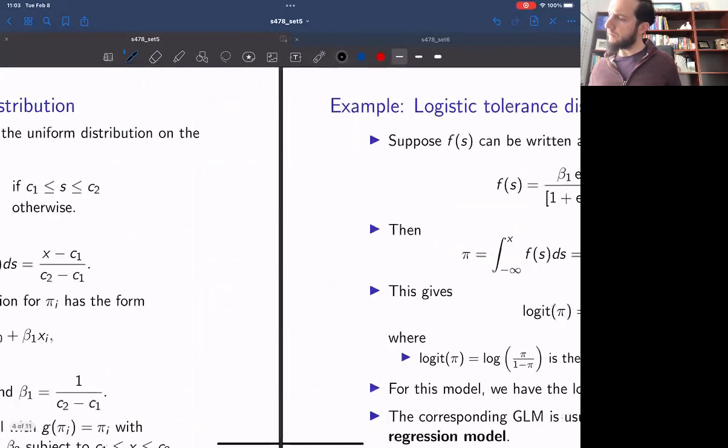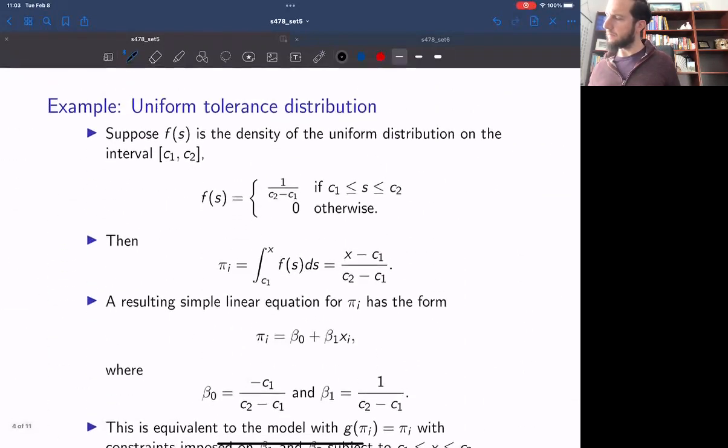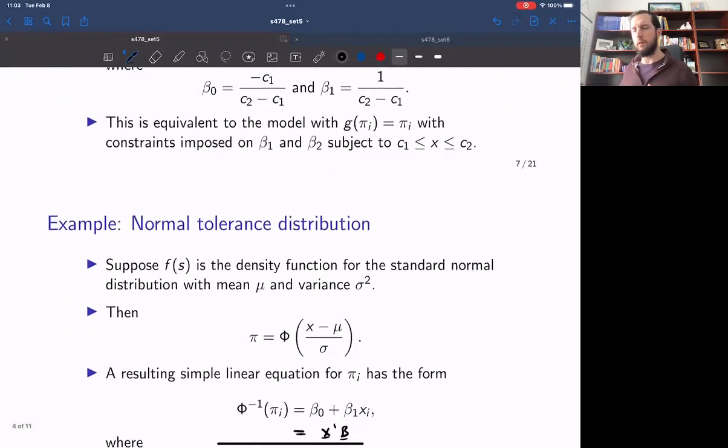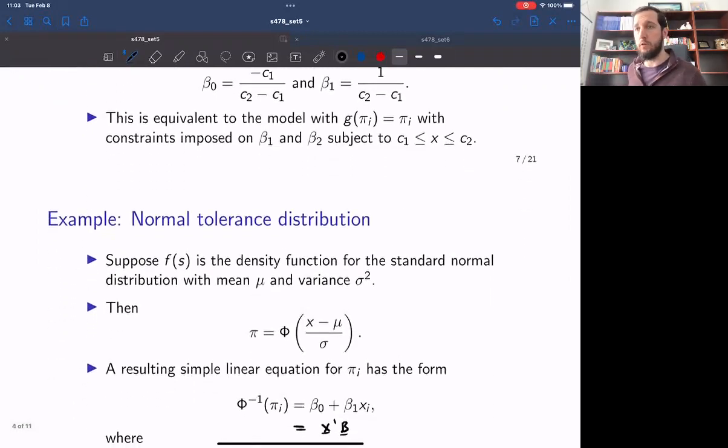So as a reminder, the goal of binomial regression, in the general sense, is to model the probability of observing some event.